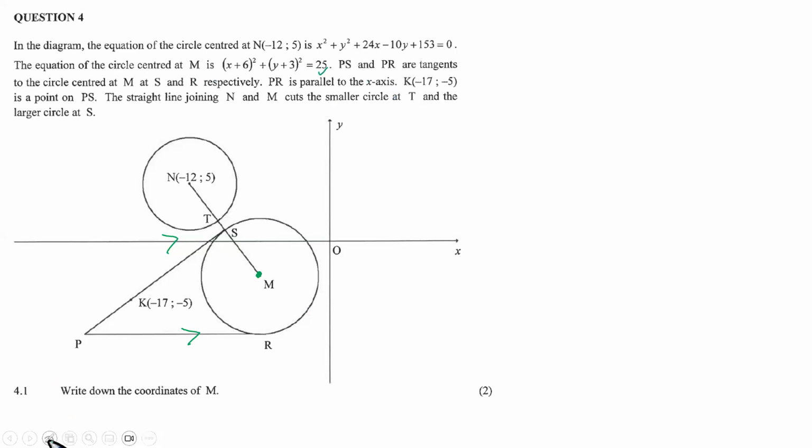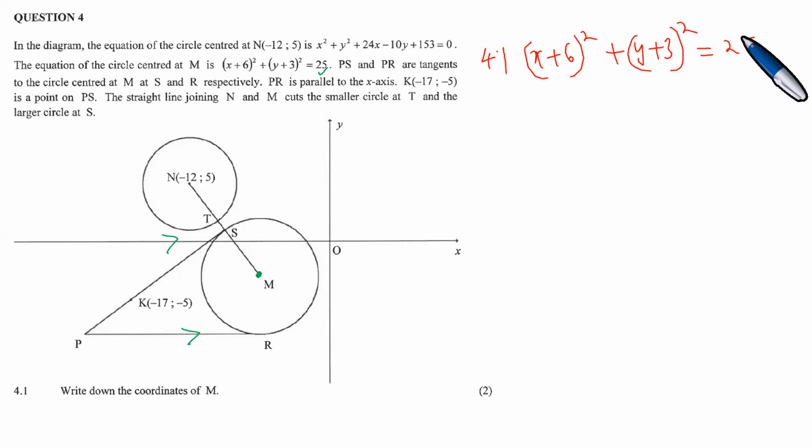So it is (x plus 6) squared plus (y plus 3) squared equals 25. What are the coordinates of the center M? To get the center, you need to take the negatives like this.